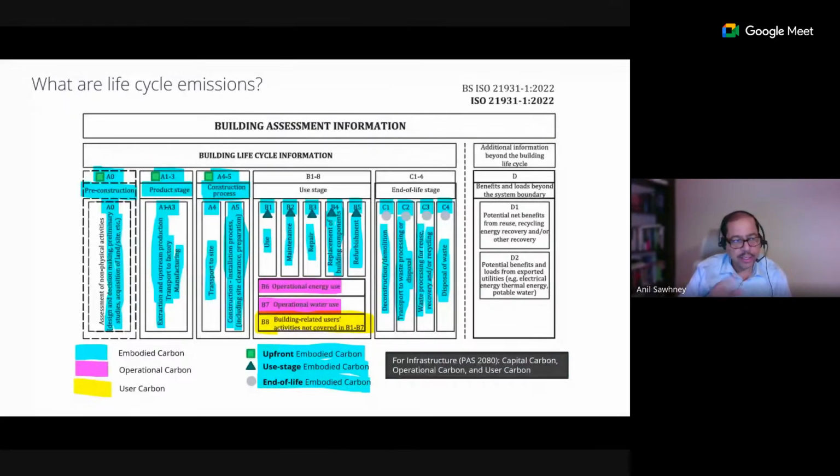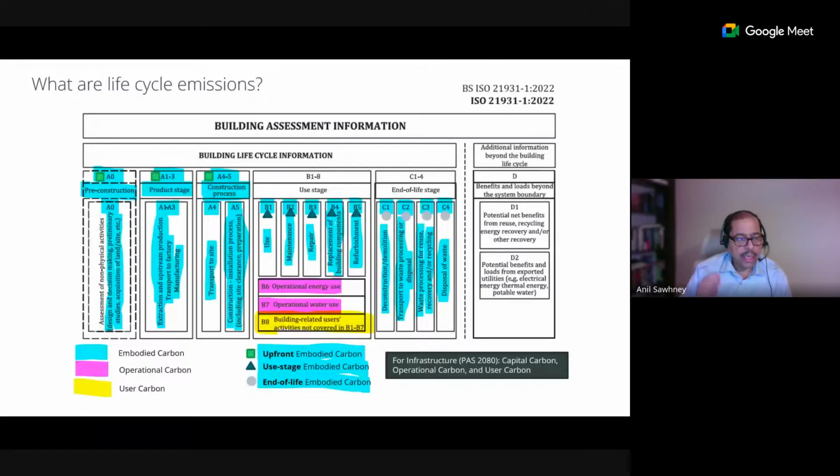So let's dig a little bit deeper into this. A0 is called pre-construction, okay, which is basically acquisition of land, acquisition of right of way, and all that. Typically, we assume A0 emissions are 0 for a building. A0 is traditionally associated with infrastructure projects only.